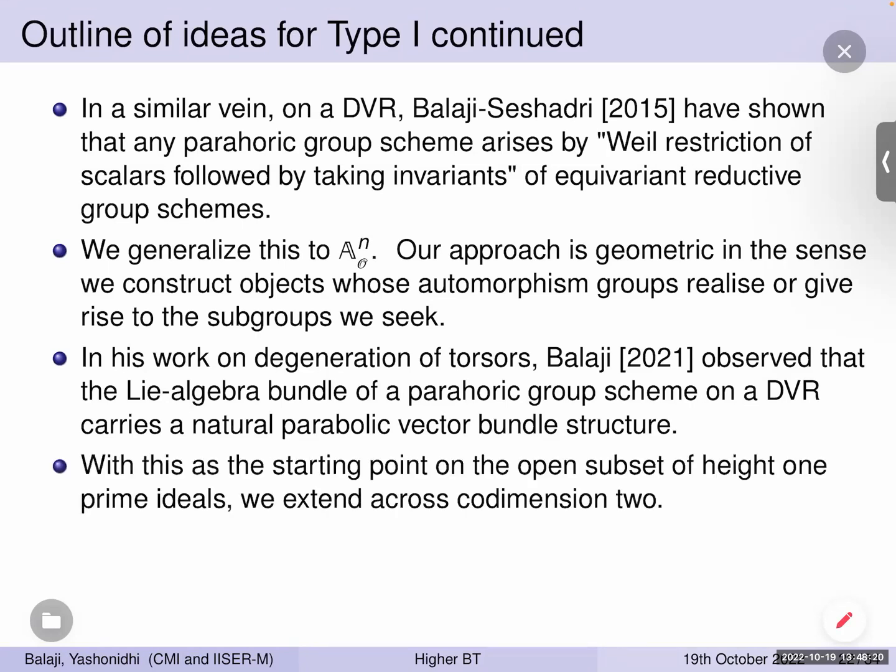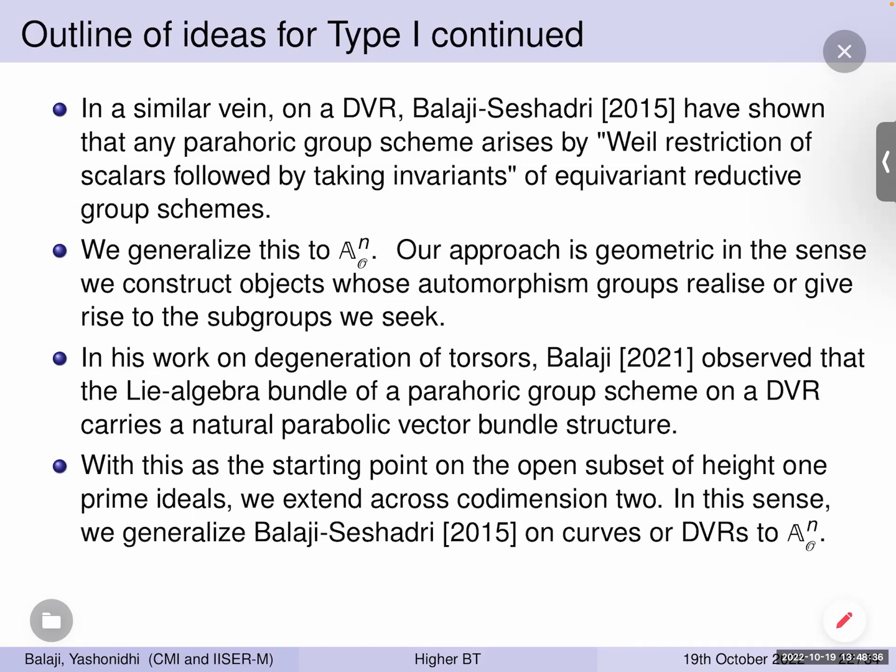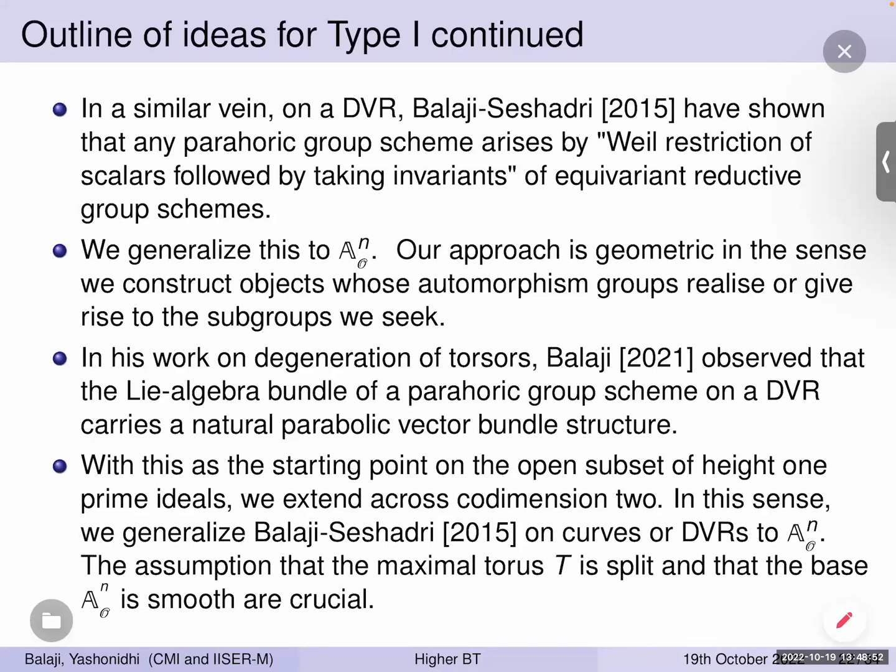With this observation as a starting point, on the open subset of height 1 prime ideals, we extend across codimension 2. In this sense, we generalize Balaji-Seshadri on curves or DVRs to A^n. Now I've been saying A^n and T, and the assumption that the maximal torus T is split and that the base A^n is smooth are crucial for us.